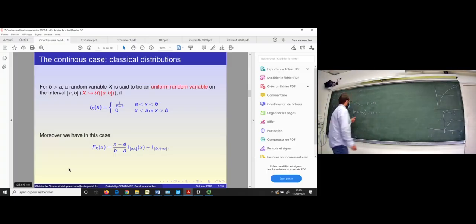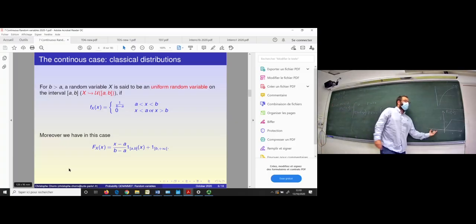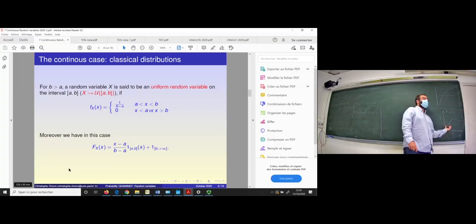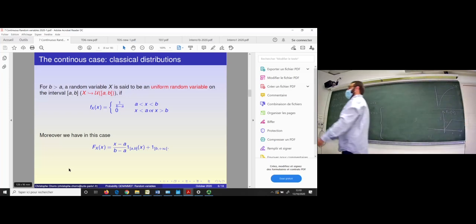So I know this one, and here I will have several possibilities depending on where the logarithm is. So I have three cases to consider, in terms of position of the logarithm, in order to be able to compute the distribution function of u at the point logarithm of x.